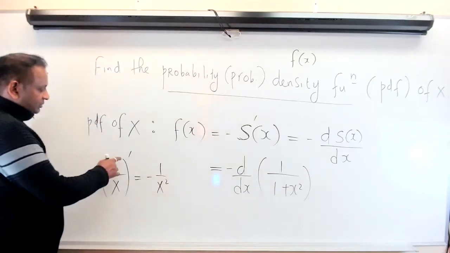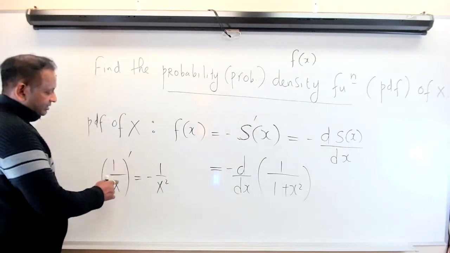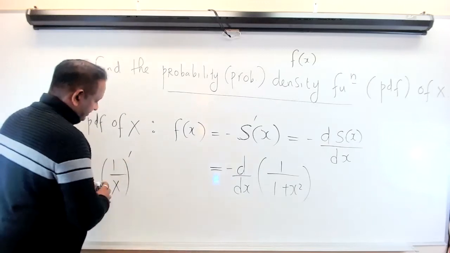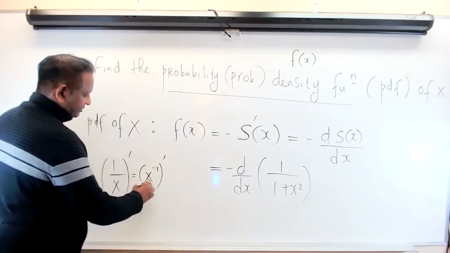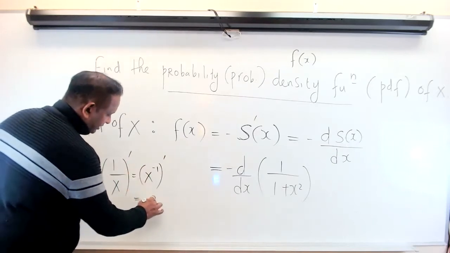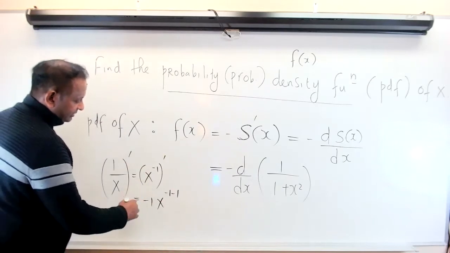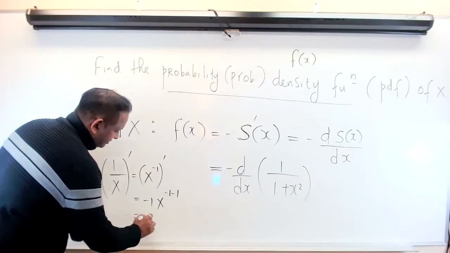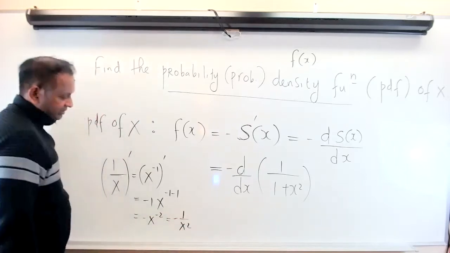You have a 1 here, you're going to write it as x to the negative 1, and use the power rule. Negative 1 times x to the negative 2. Then you're going to make it positive; negative times negative. That's how you get it.